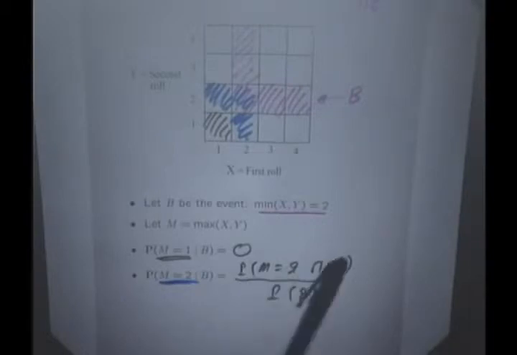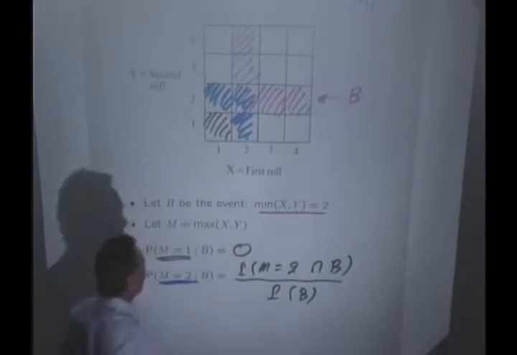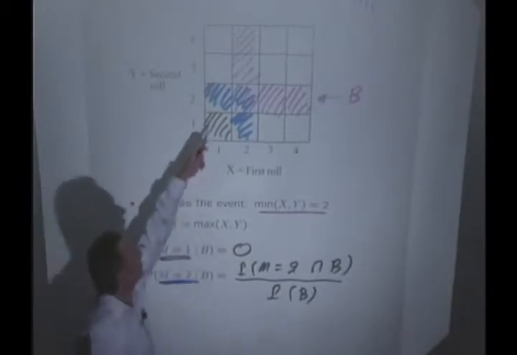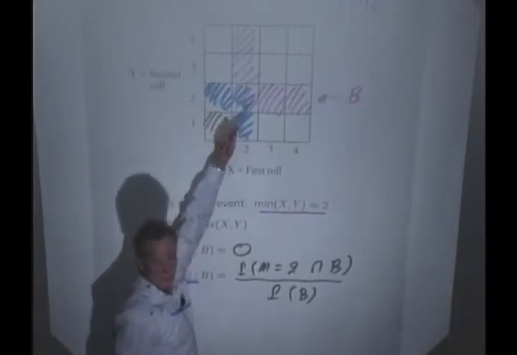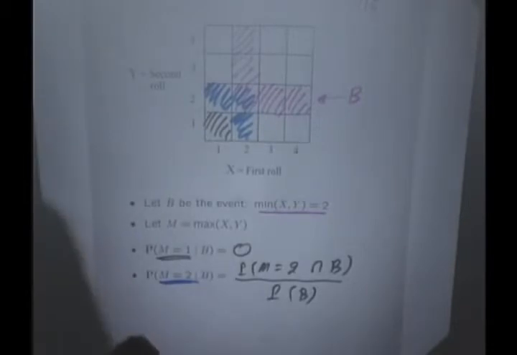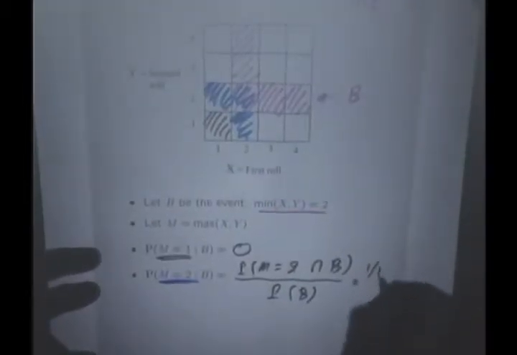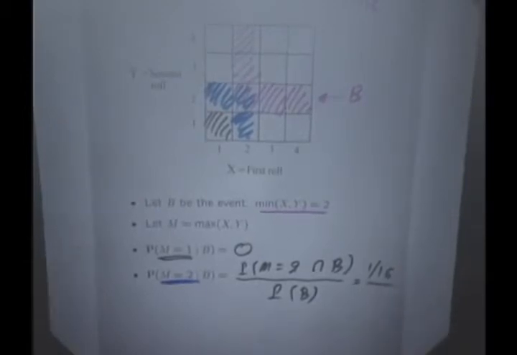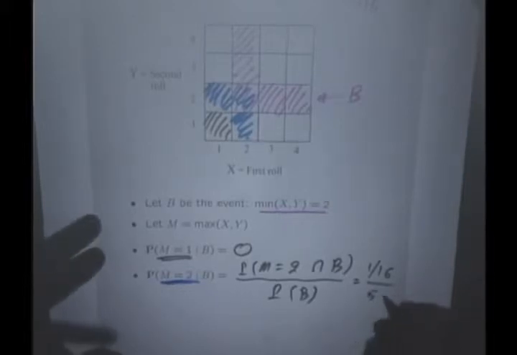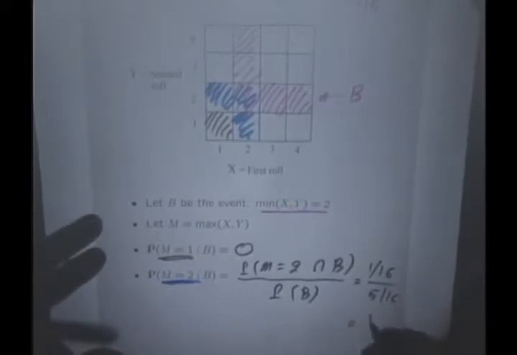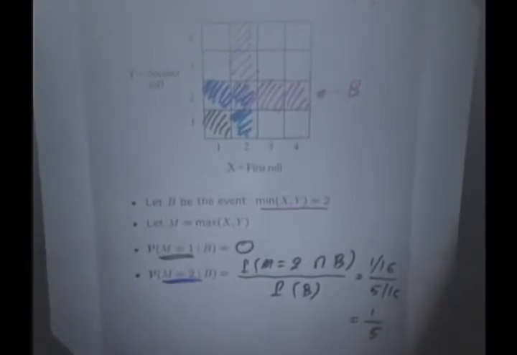So the intersection of the two events is the intersection of the red event and the blue event. There's only one point in their intersection. So the probability of that intersection happening is 1 over 16. That's the numerator. How about the denominator? The event B consists of 5 elements, each one of which had probability 1 over 16, so that's 5 over 16. And so the answer is 1 over 5.